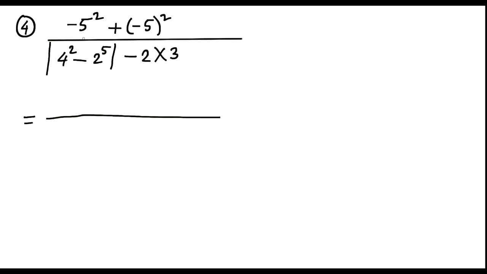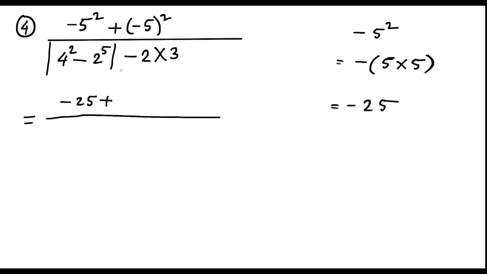Here on the top, we have two squares, but both are different. When you have something like this one, this means you have negative and you have 5 multiplied by 5, and you get negative 25. Okay, so here you get negative 25.